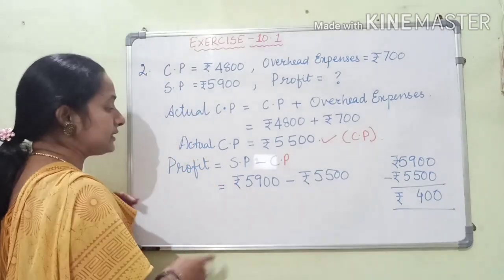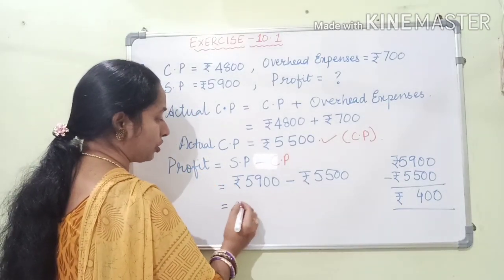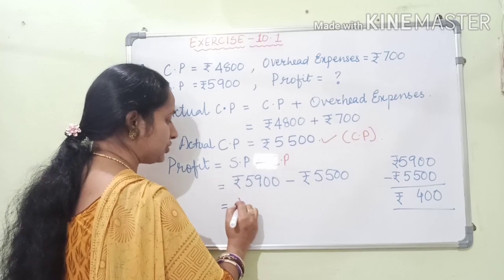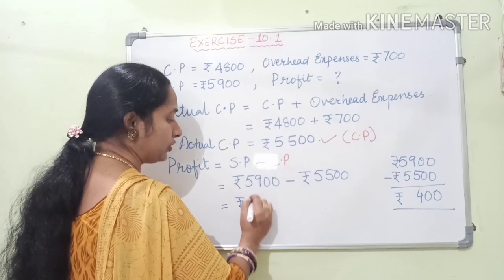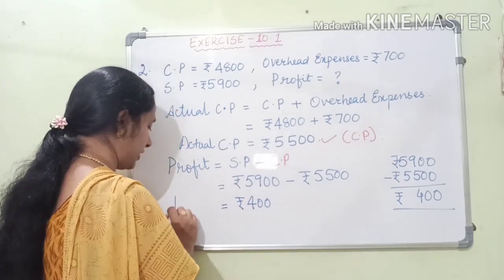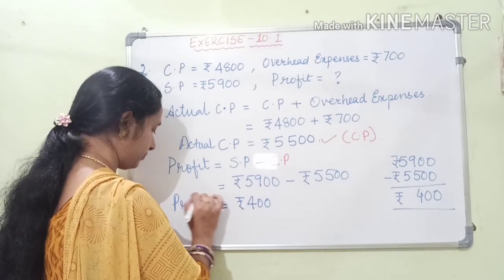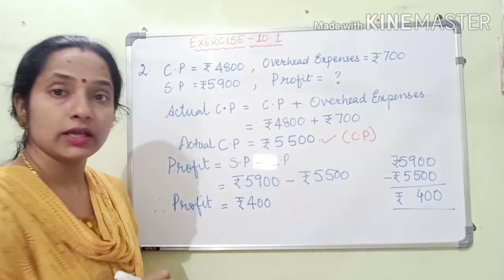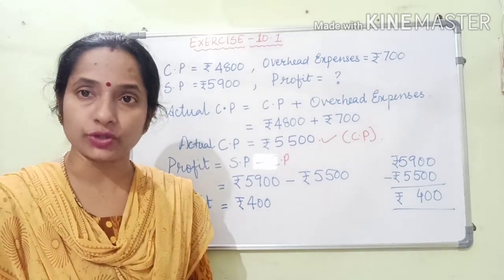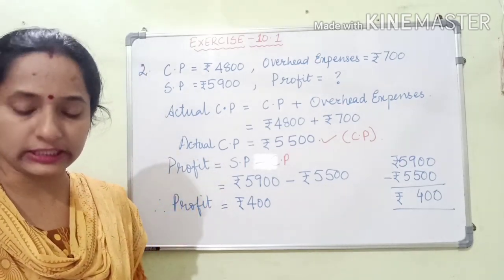So what is the profit of Ayush on selling the television? He had a profit of rupees 400. So children, I hope you understood this sum and how to solve it.